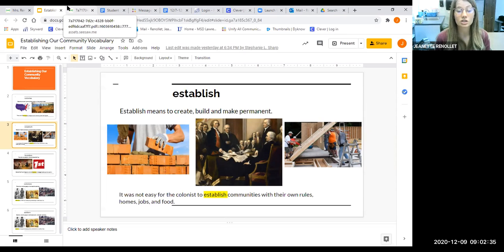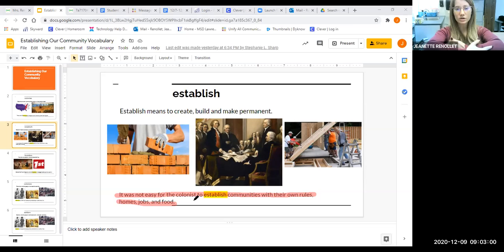When our immigrants moved here, they tried to establish a home. Our example sentence says, it was not easy for the colonists to establish communities with their own rules, homes, jobs, and food.